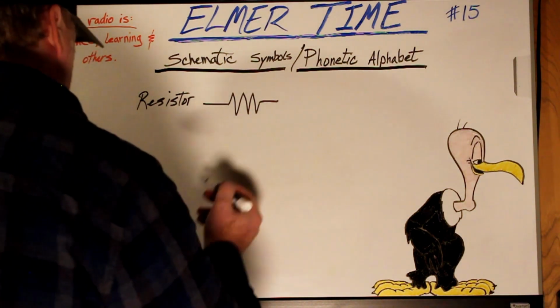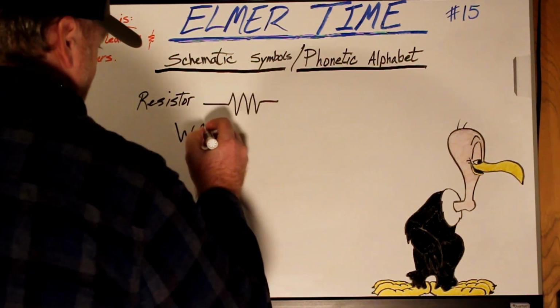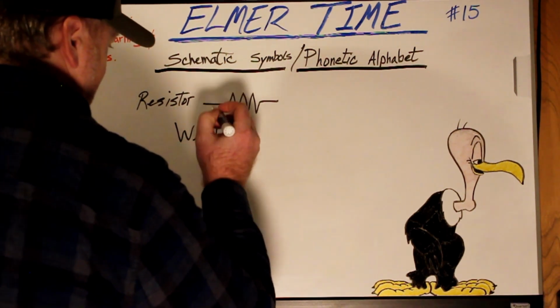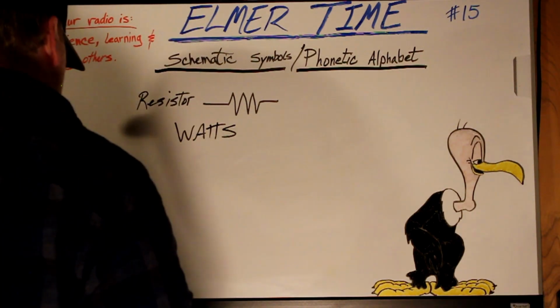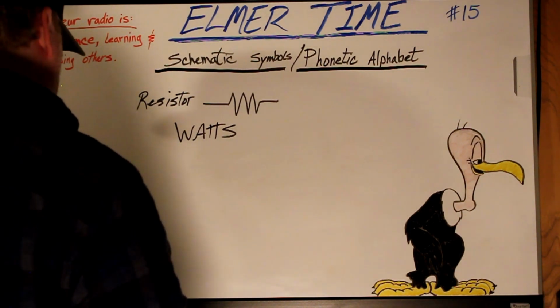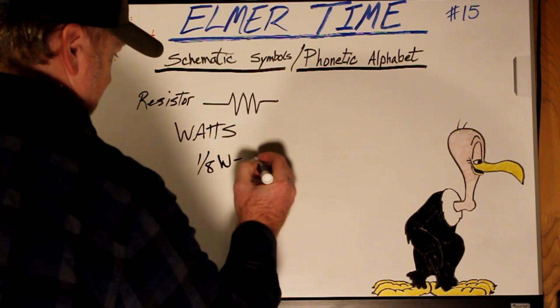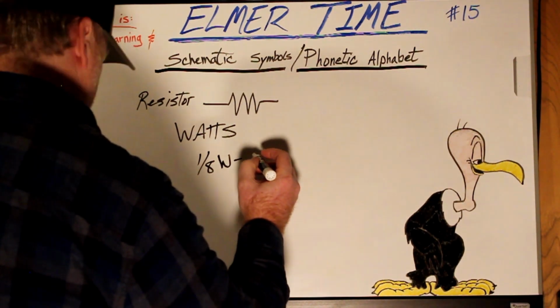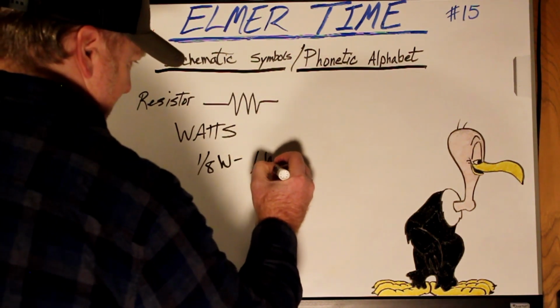Now resistors are usually rated in watts. And if you remember our last video dealing with watts and resistance, resistors are rated in watts from 1/8 watt up to, what is it, I think it's 1 watt.